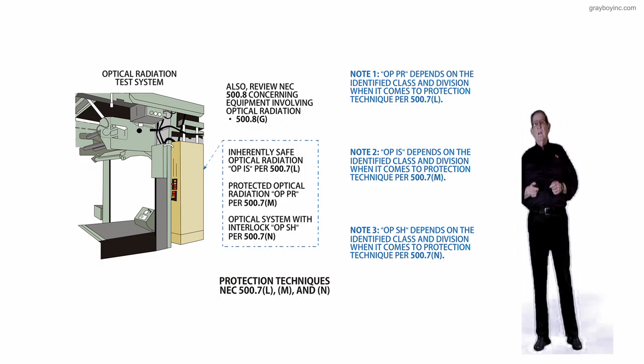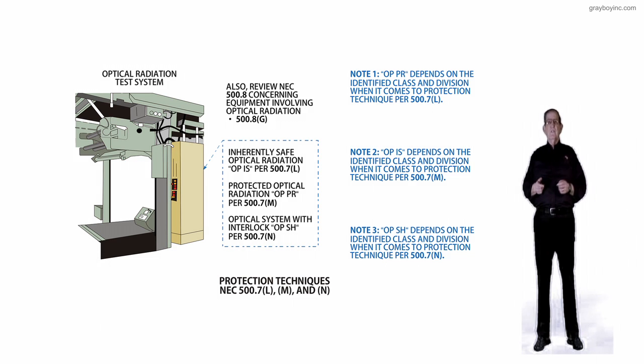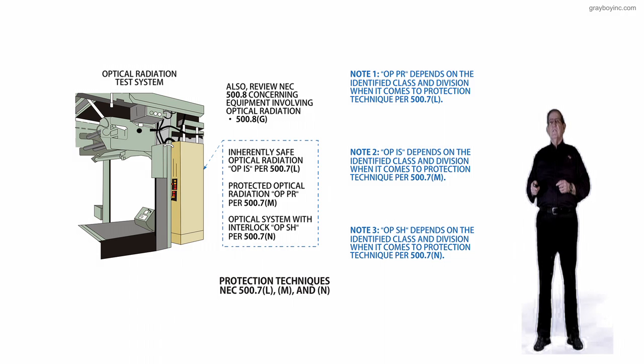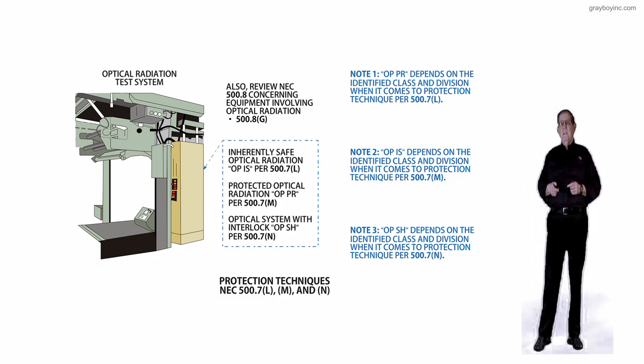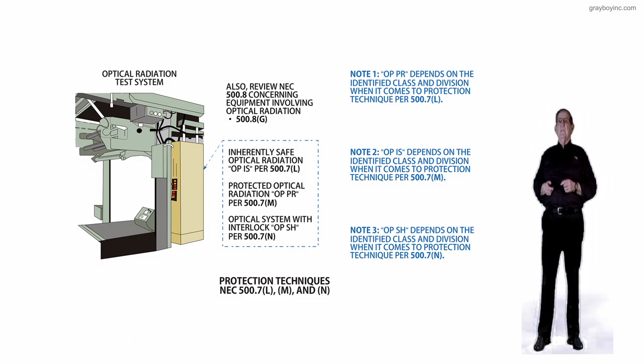500.7M. Note 3 talks about the OPSH, and directly across from it you see that it's identified there with such a system that has an interlock. And notice it states in the note 3, OPSH depends on the identified class and division when it comes to protection techniques as outlined in 500.7N.